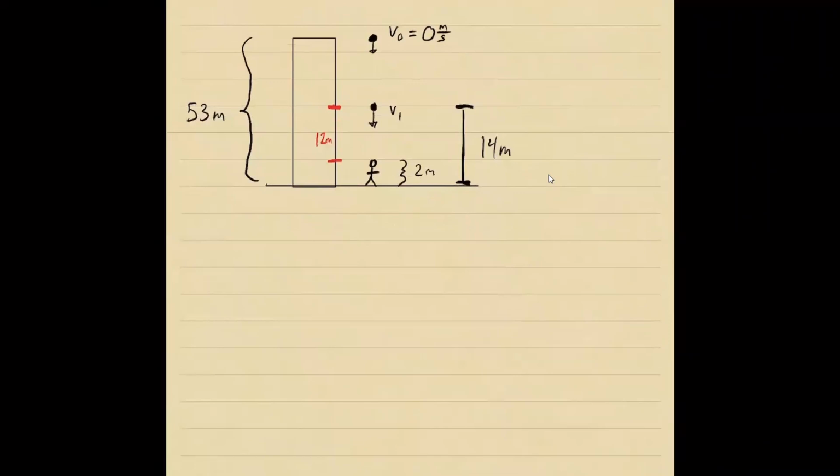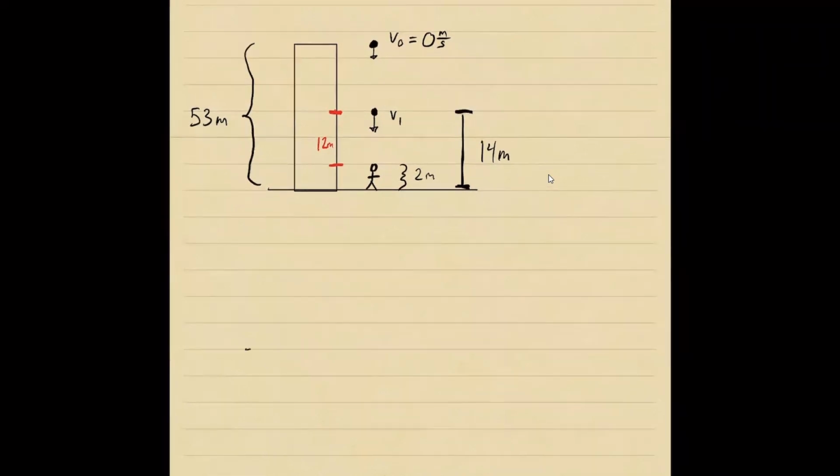All right. So I'm going to draw another picture to sort of help us. So that's the ground. Let's say that this right here is 2 meters above the ground. Right, so this distance here is 2 meters. Let's say that the velocity of the rock at this point, let's call it v2, and 14 meters above the gentleman right here, it's 14 meters.